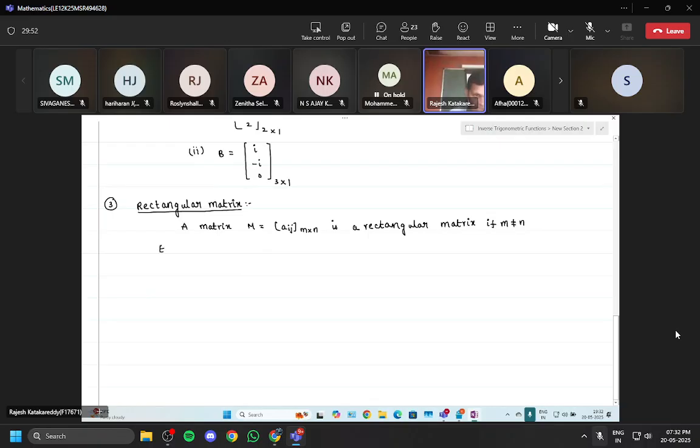Example of rectangular matrix. In this, we can see there are 3 rows but 2 columns, rectangular matrix.